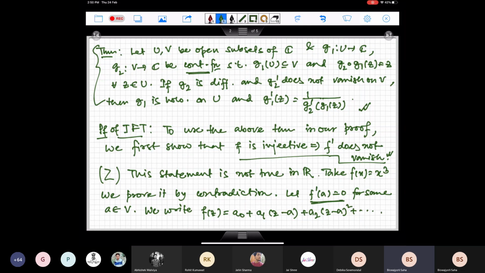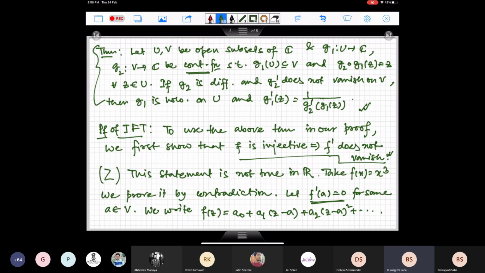It will not be as simple as using MVT. And of course you can only get local injectivity, but nevertheless one needs to put some effort. So therefore I stated this inverse function theorem in the form where I take the function to be injective.